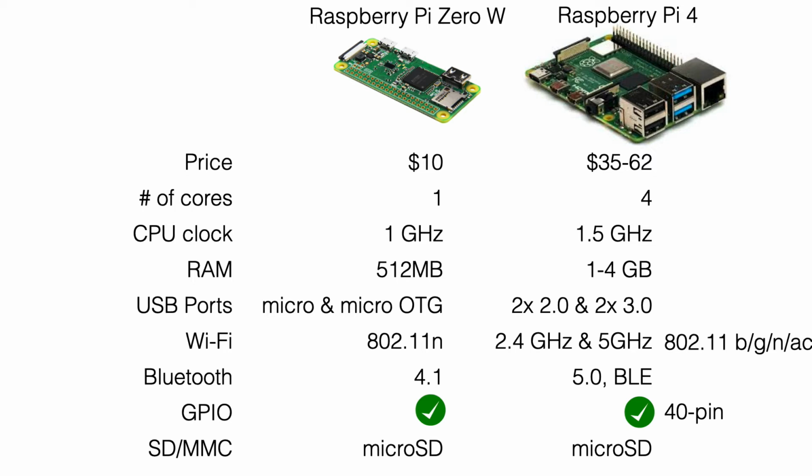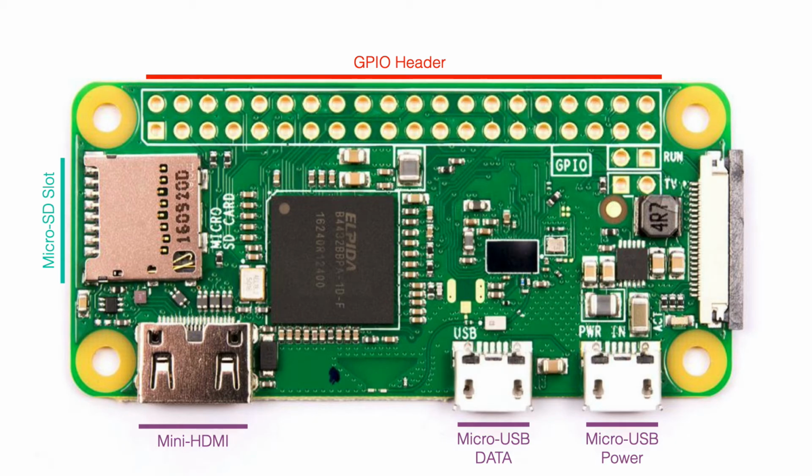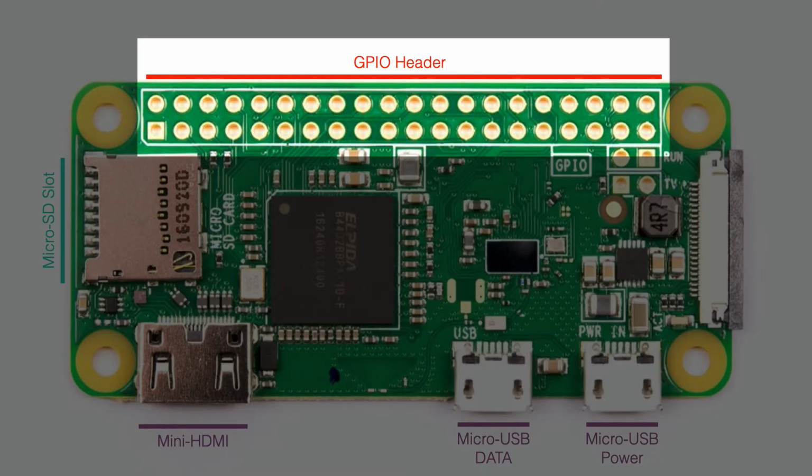Both of these two computers have quite a bit of processing power, but they're still not as powerful as most cell phones today, and both of these devices have more power and capability than what NASA had when they put a person on the moon. Let's get more familiar with the Raspberry Pi Zero W. Along the top, you see the GPIO headers.